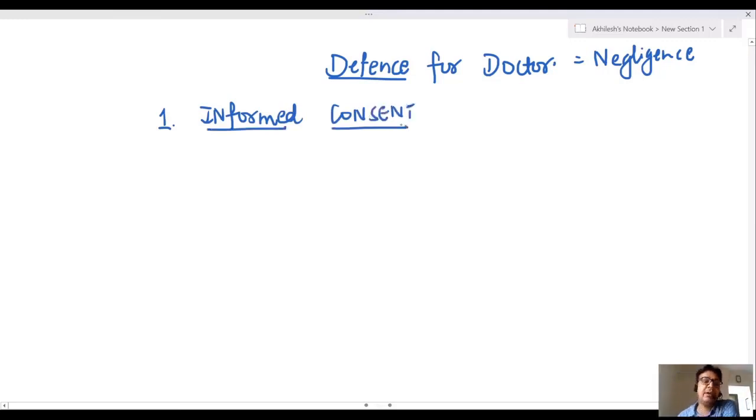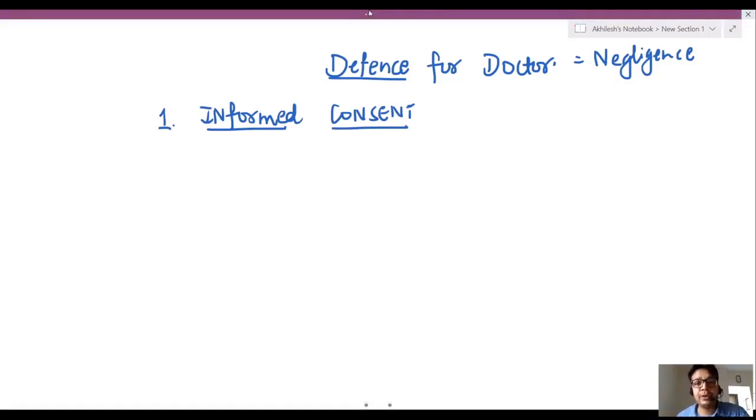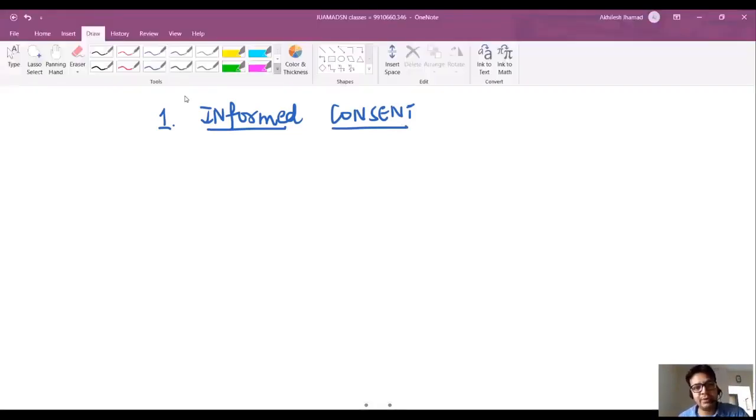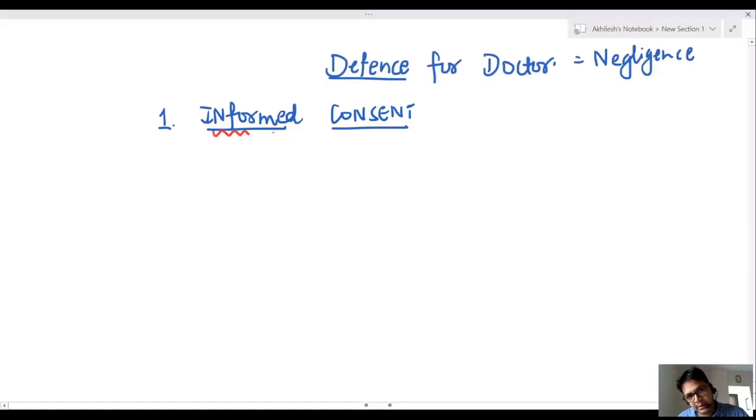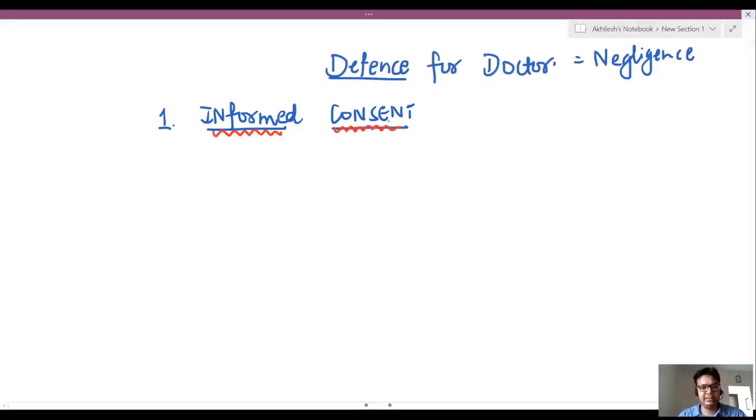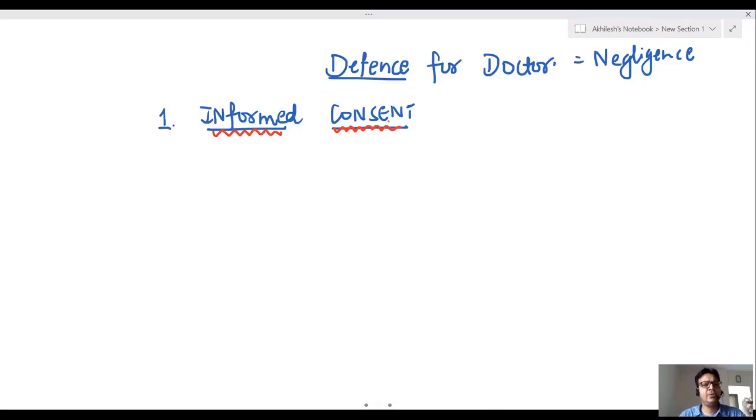What is the meaning of informed? Everything should be informed to the patient. This is known as informed consent. If the doctor gets informed consent, it is a defense.